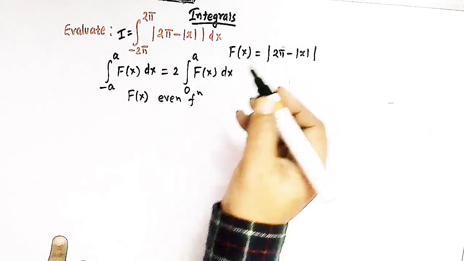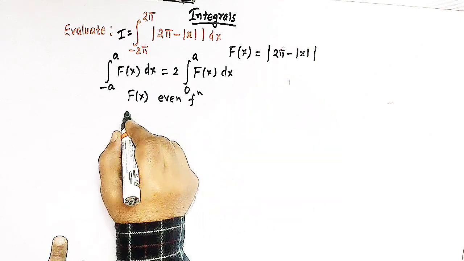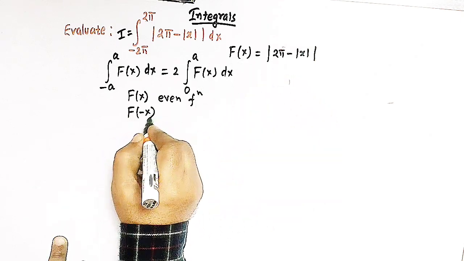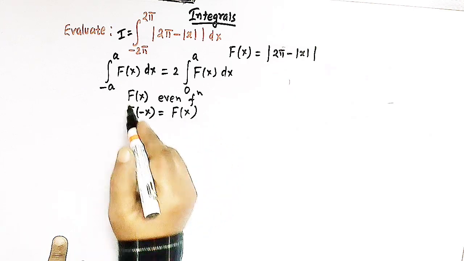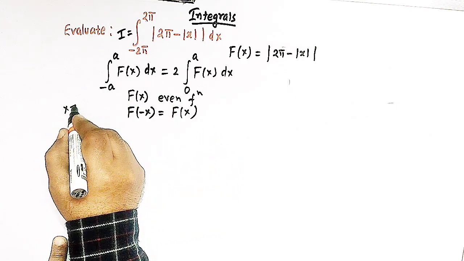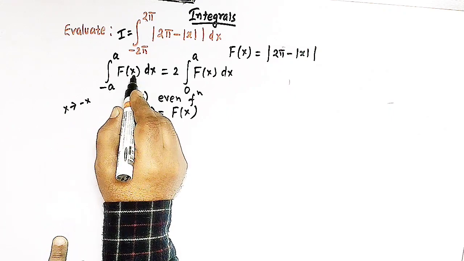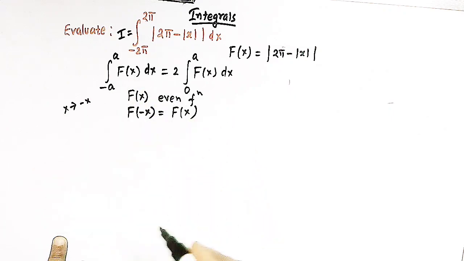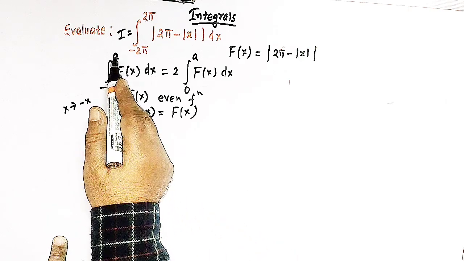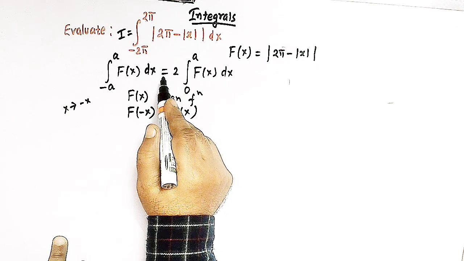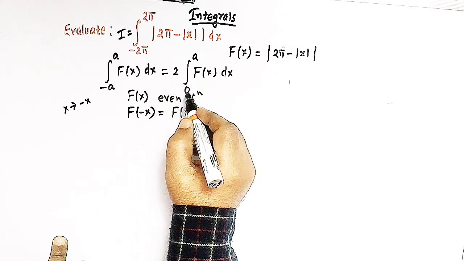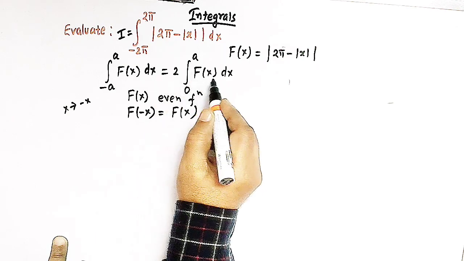So a function is said to be an even function if f of minus x is equal to f of x, right? So if we replace x by minus x in this function f of x, and the function remains the same, then the value of this integral, that is minus a to a f of x dx, is equal to 2 times the integral from 0 to a f of x dx.